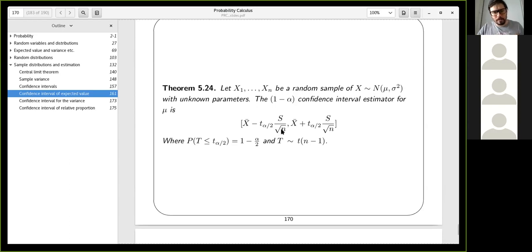But when n is not infinitely large, we use the t distribution, and this is exactly the same formula, except that it has the s here and the t here to denote the uncertainty. So understand when to use which. Basically, in real life, you only use this with the t distribution. You don't use the other one because you don't know the variance.